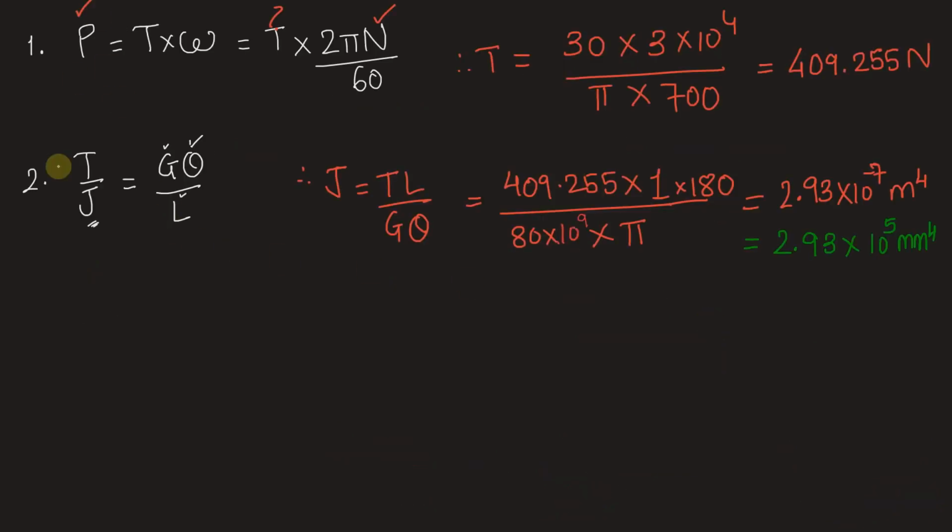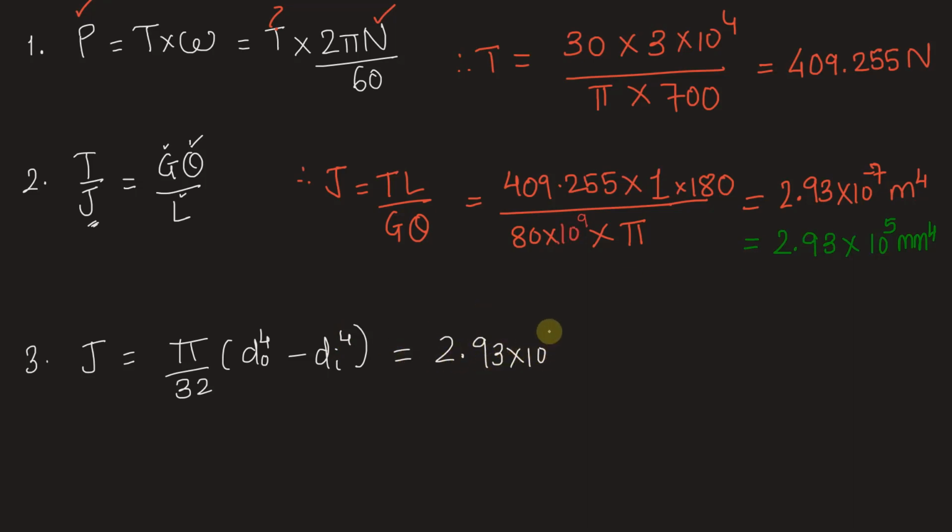We know that polar moment of inertia J can be written in terms of diameter. Polar moment of inertia of a hollow cross section is given as pi by 32 into do raised to 4 minus di raised to 4. And that we found out here. So we can equate it to 2.93 into 10 to the power 5. Let's substitute. The relation between di and do is given.